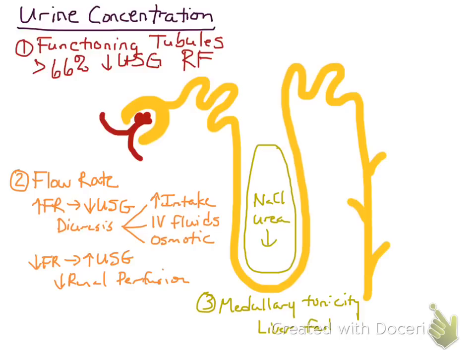And along those lines, portosystemic shunts could also cause low urea production, because with portosystemic shunts, the total liver mass is reduced. So again, you're not producing enough urea.